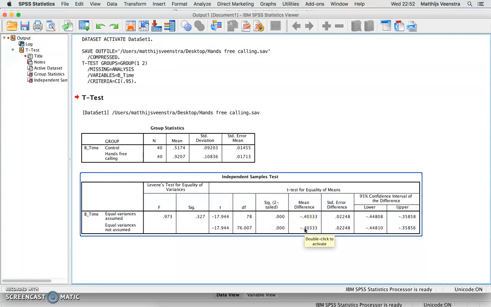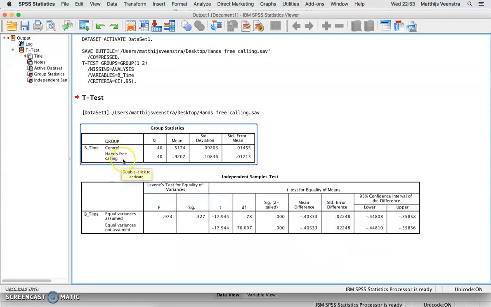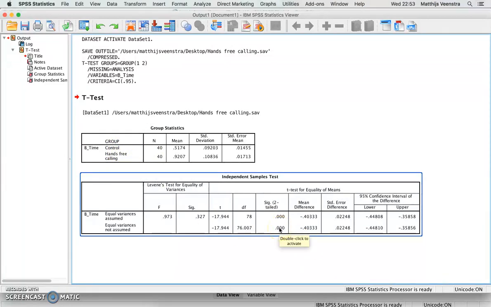So if all people participated in our experiment, we would, under the null hypothesis, expect a 0 here. Of course, we only tested 80 people, so we found this difference. Now, this value indicates the chance that you would find this difference if the real difference between those two groups was 0. You can see that this chance is really, really low.